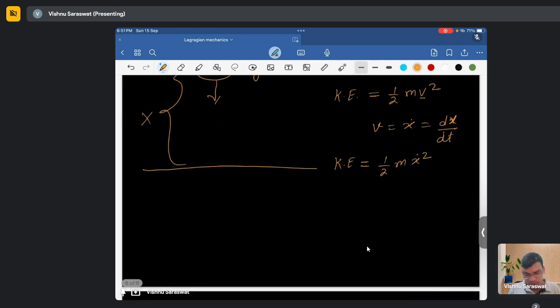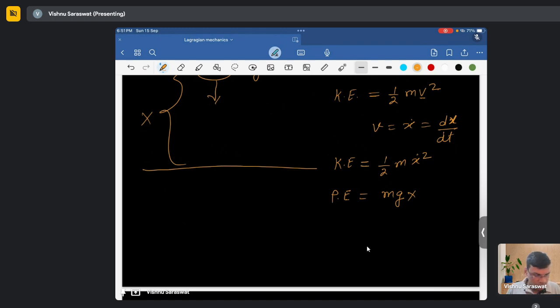And now we are talking about potential energy. Potential energy is mgh. h is a height, so we represent height as x. So we can write here h is x.